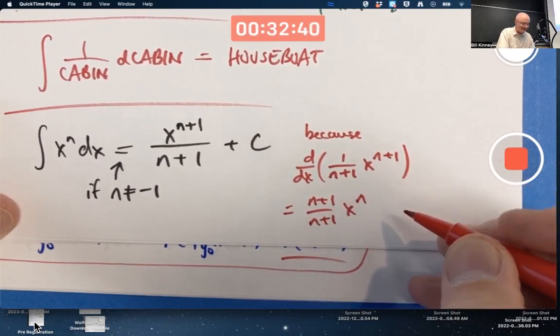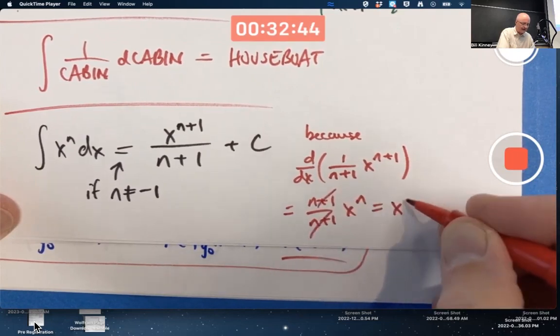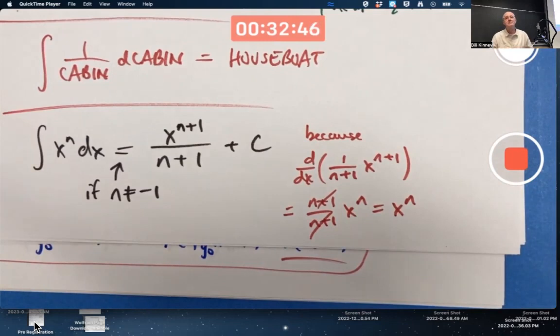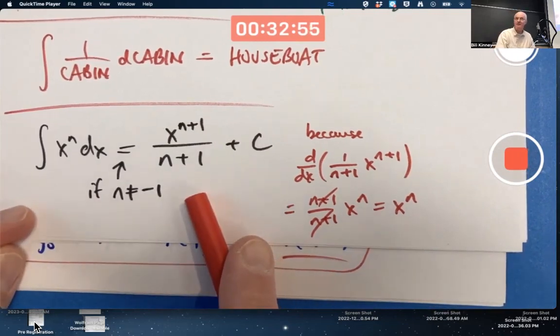N plus 1 minus 1 is n, and then I divide the n plus 1s out, leaving me with x to the n. That's why this is true, but this can't possibly work if n is negative 1 because I'd be dividing by 0.